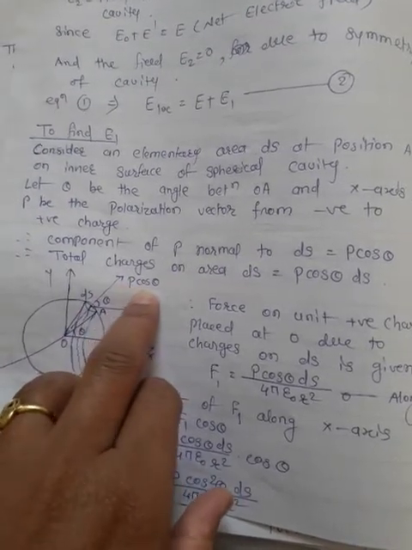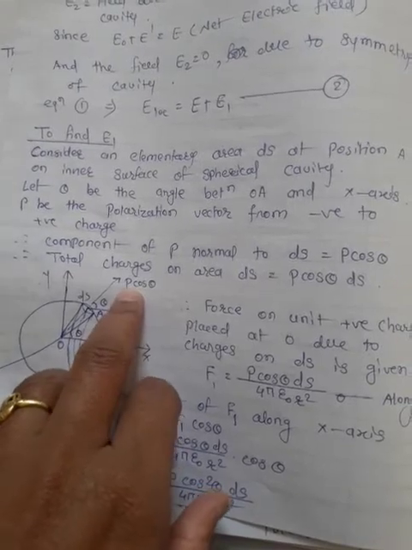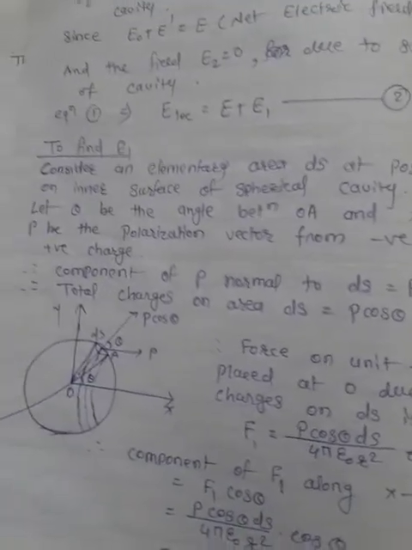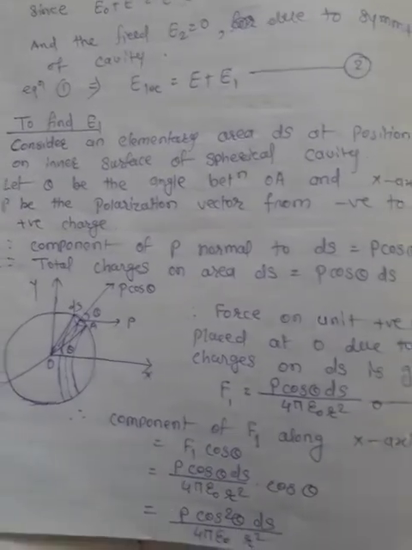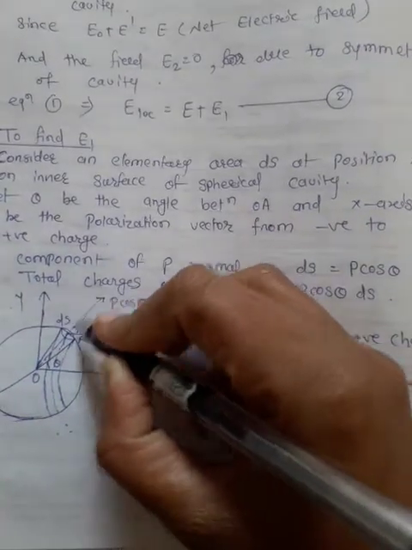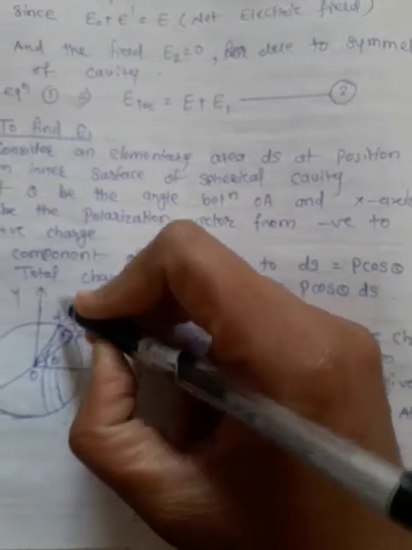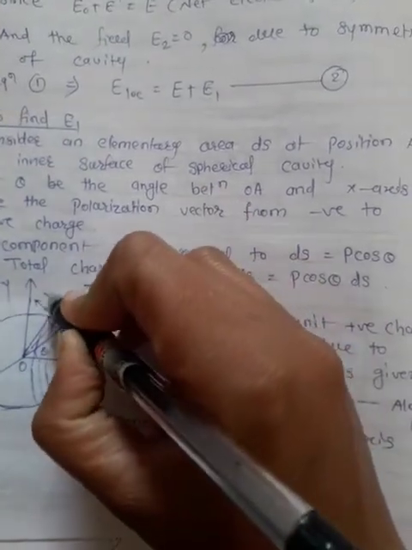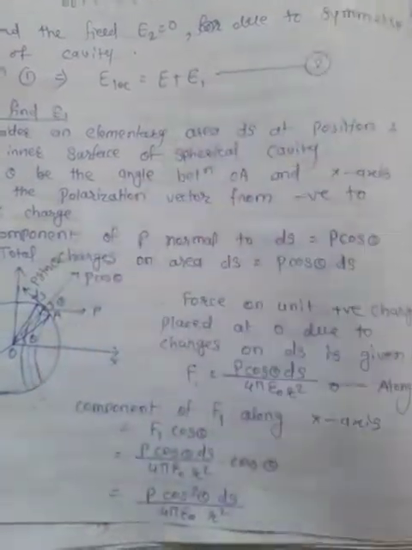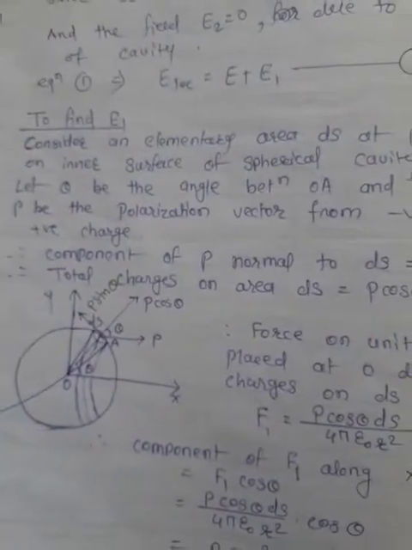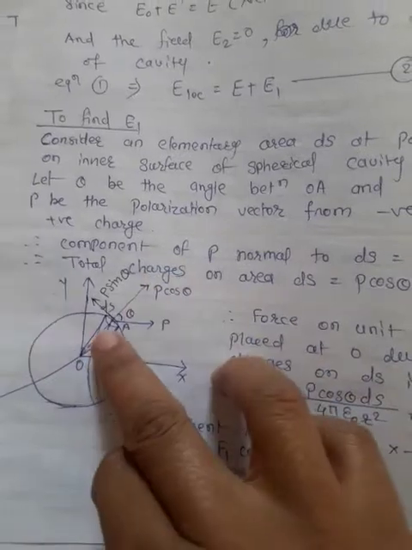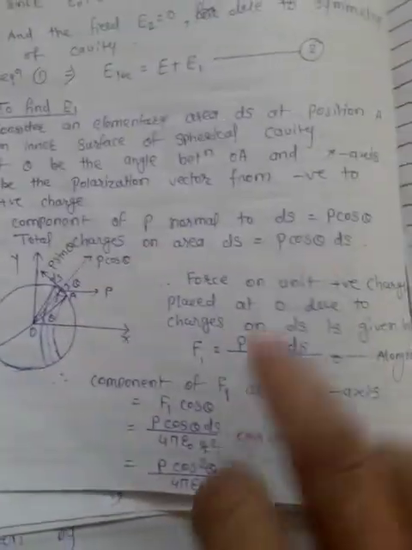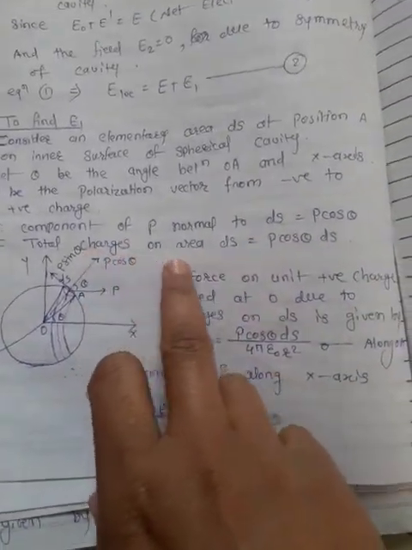The first is P cos theta, which is normal to ds, and the other is P sin theta, which is perpendicular to the normal, along the area ds.